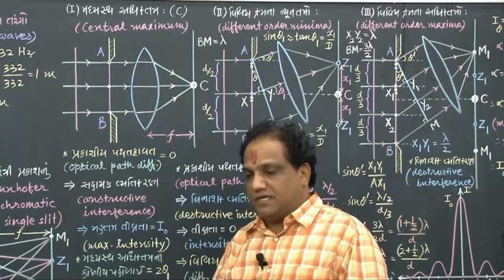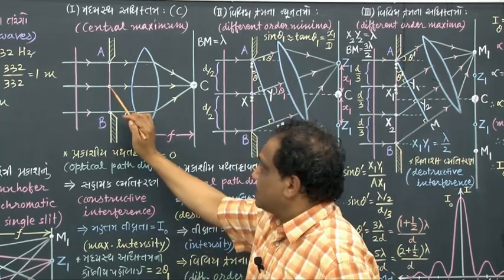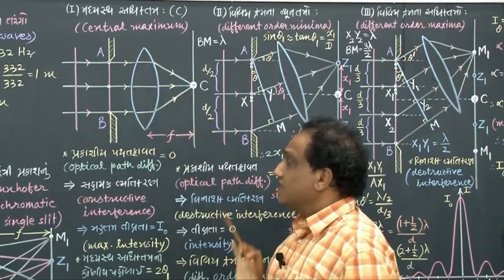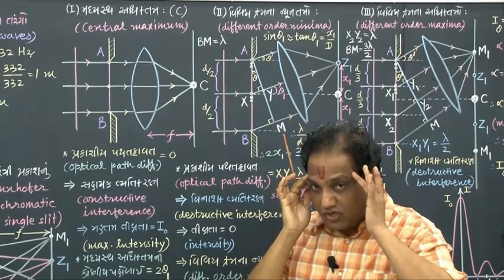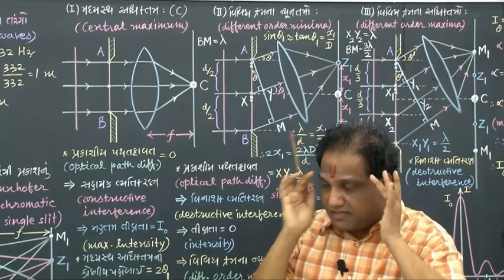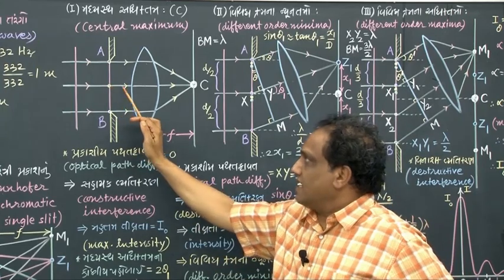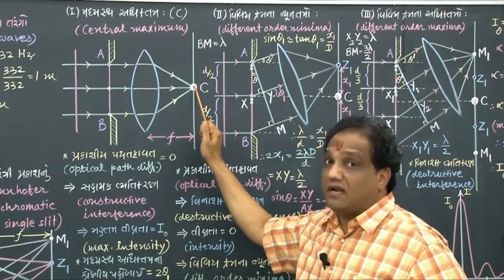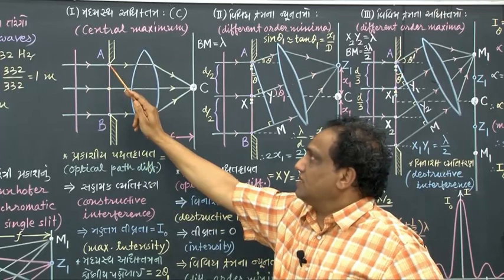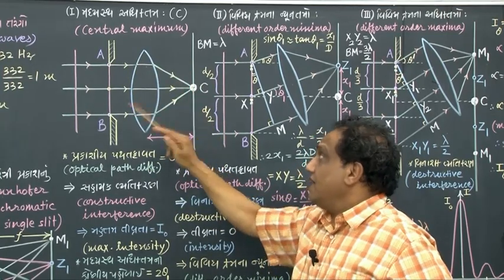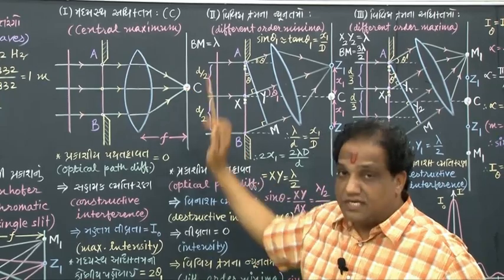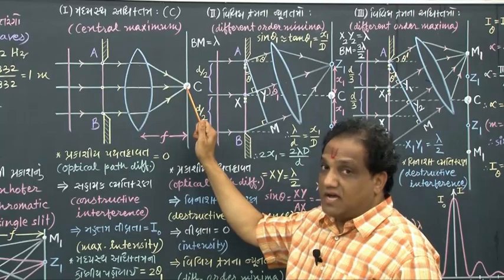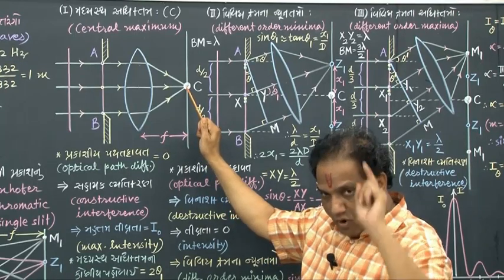This light ray has to travel minimum distance, and this light ray has to travel maximum distance. So at first thought, because this light ray travels the shortest distance, that light wave should reach here earliest, and because this light ray travels the maximum distance, it should reach here the latest. But no, you know what is observed? All the light waves here are getting superposed at the same moment.